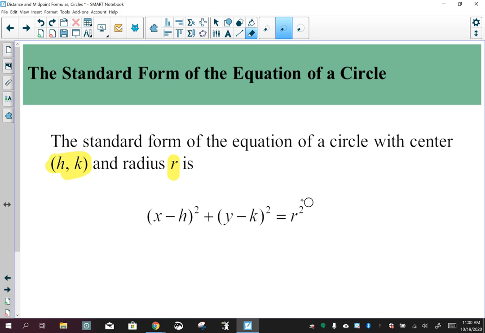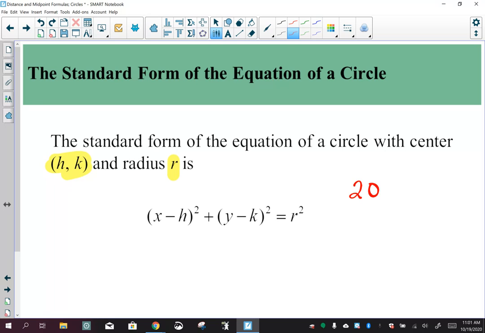And then you have your radius over here. Now, mind you, this is actually not the radius, it's the radius squared. So if I'm giving you this and I'm asking you to write the center of the circle and the radius, you cannot say that my radius is whatever number is there. So for instance, let's say that this r squared here was a 20.